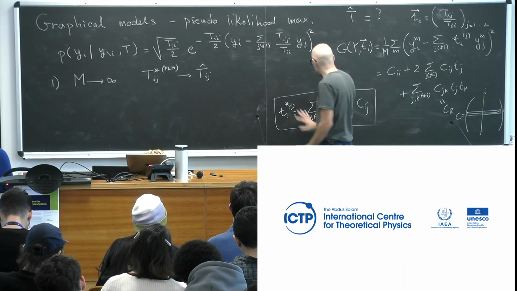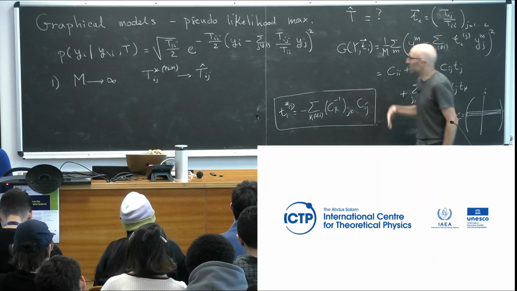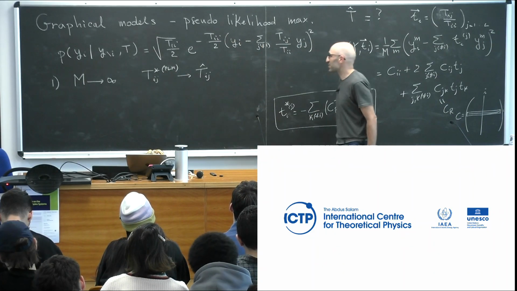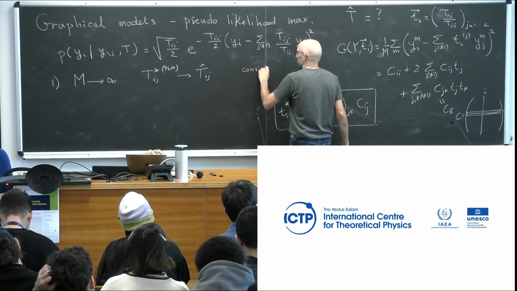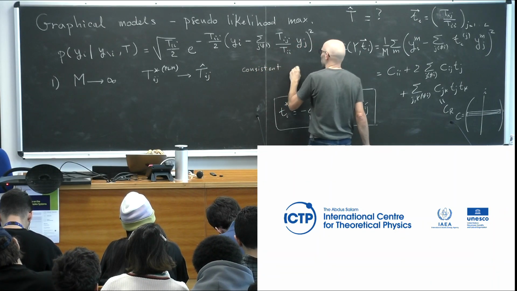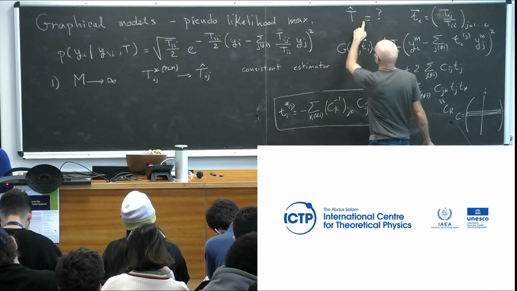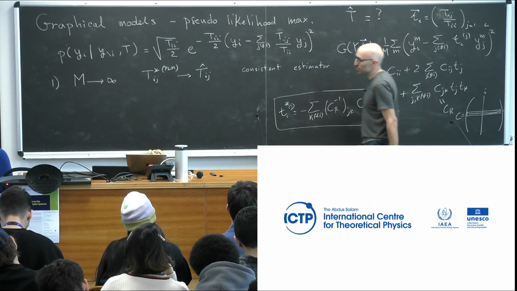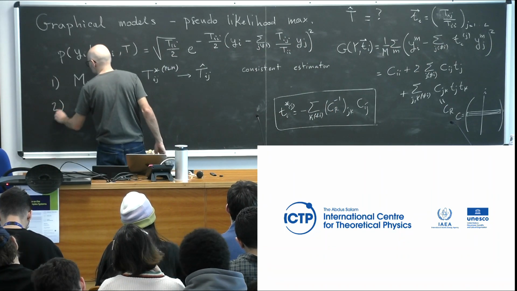So you can analyze this expression, and you can see that if you have infinite data, it works. You get the right result. So it's a consistent estimator of T hat. So if you have infinite data, it works as well as maximum likelihood. You can do the one you prefer.